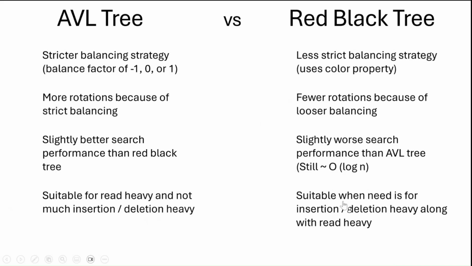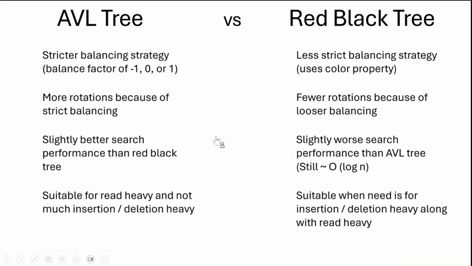So that is the reason red black tree came into the picture, to solve the too many rotations problem in an AVL tree for insertion and deletion, like what we saw in the previous example.